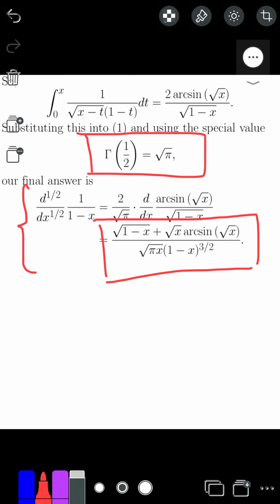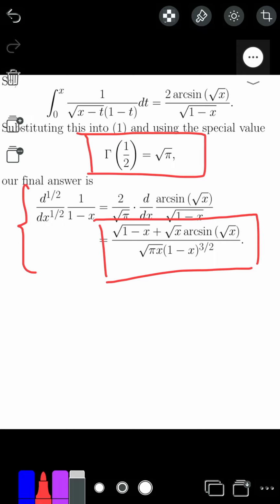This is the 1/2 derivative of 1 over 1 minus x. And now here's the thing: 1 over 1 minus x is clearly a rational function, a quotient of two polynomials, and the denominator is just 0 degree, but it's still a polynomial, like a monomial.